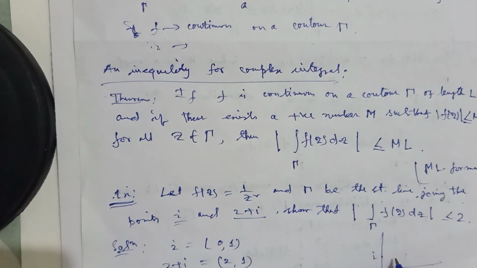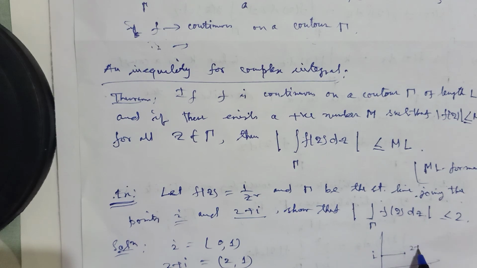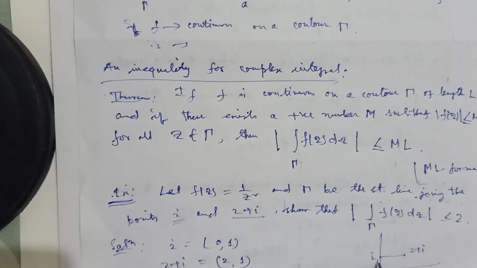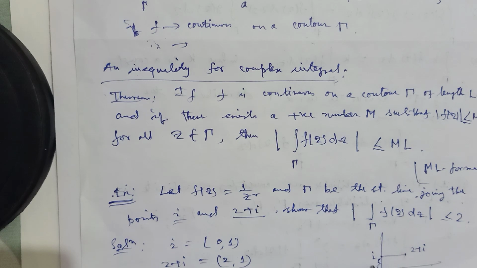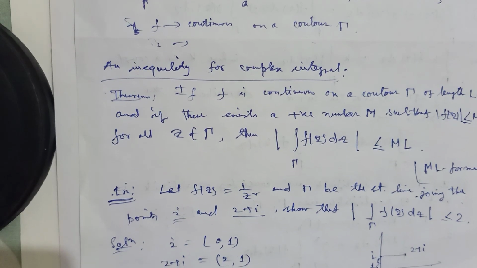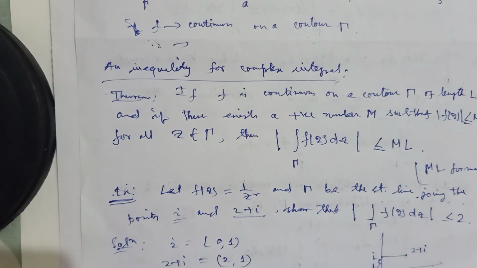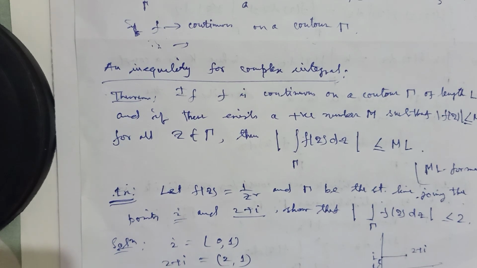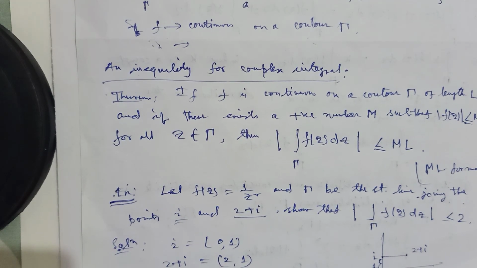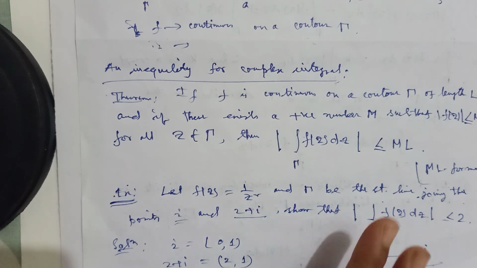This is i and this is 2 plus i, because the ordinate is 1. Here the length L equals 2 plus i minus i, that is equals to 2.